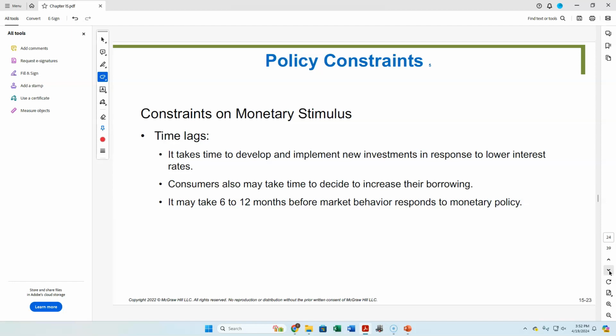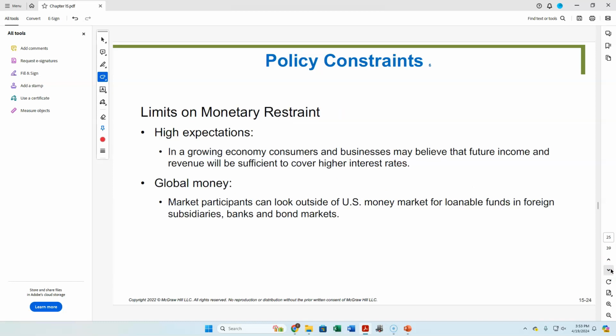You can imagine businesses that are trying to expand, even if they did expand, it's going to take them a lot longer to make these kinds of decisions, or for households to borrow for other reasons, to start a business or whatnot. That's all going to take time. And another problem with monetary policy is that in the past, economists have been pretty successful in fixing broken economies, and people have come to expect that.